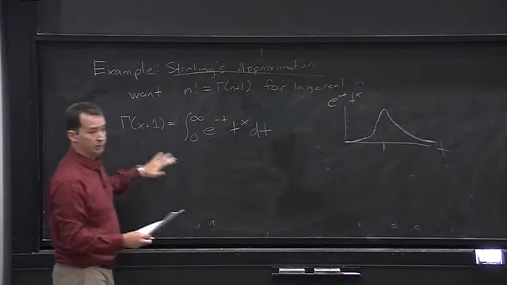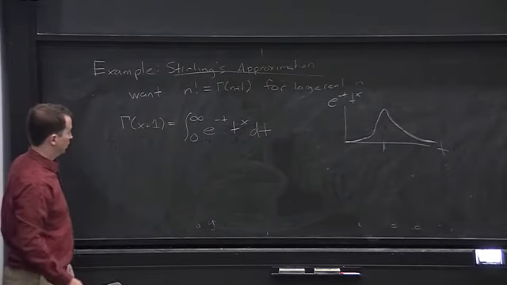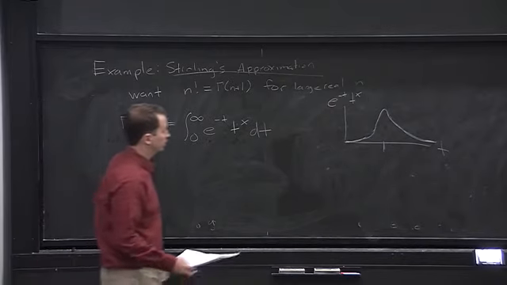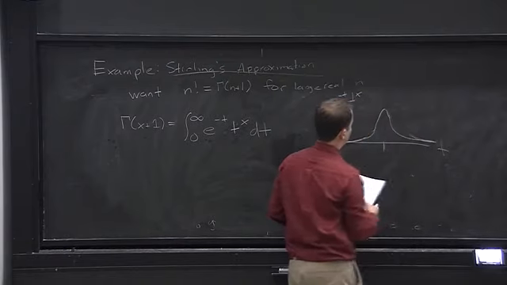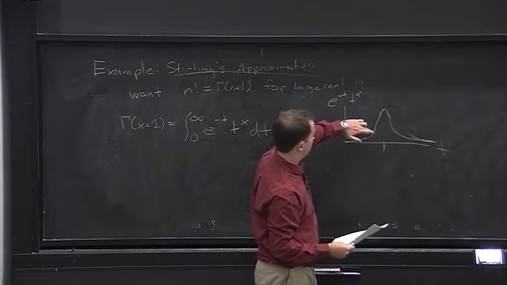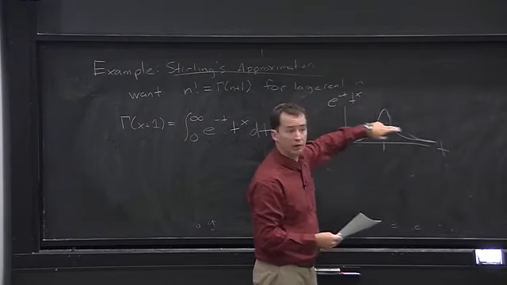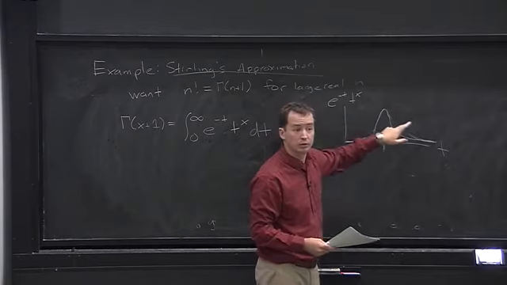And so the basic idea behind Stirling's approximation and the more general applications of the saddle point approximation we'll talk about next time is that we're going to approximate the integrand as a Gaussian integral, which we know how to do.